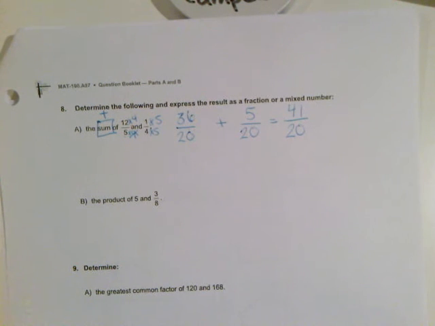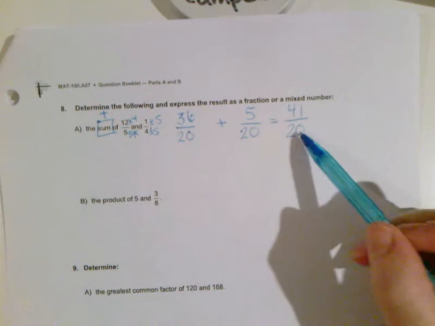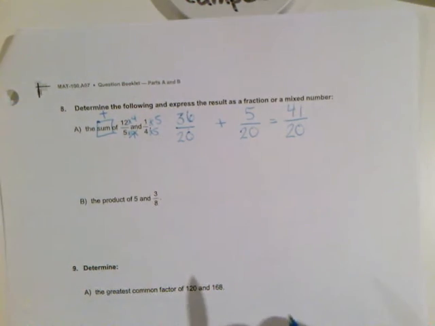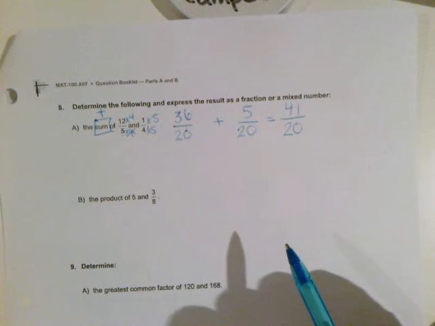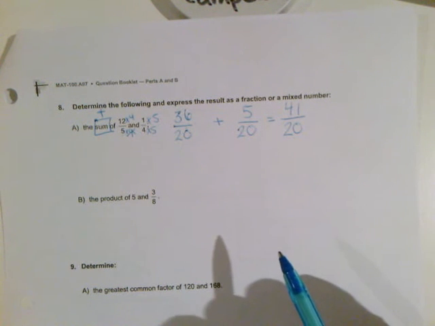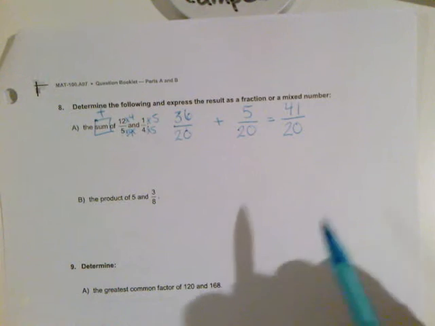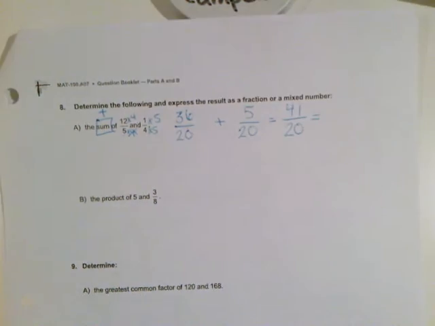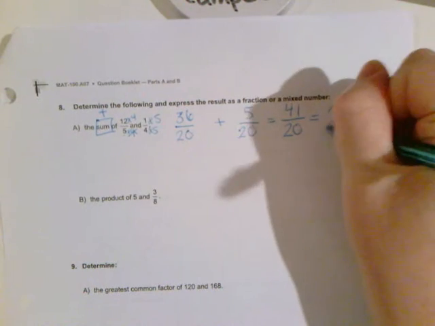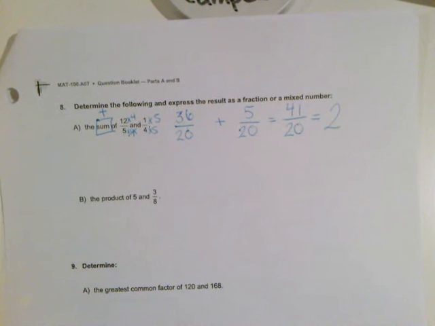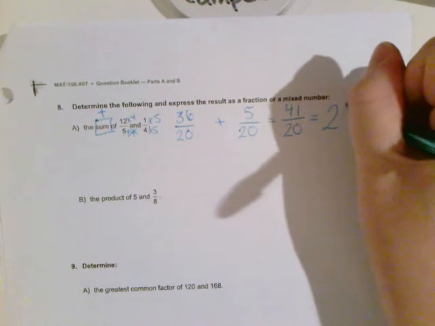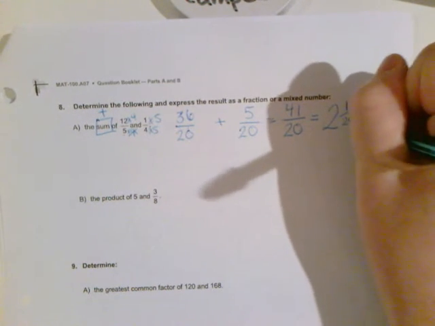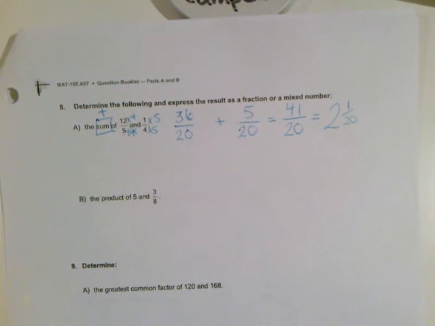And then when you want to change this into a mixed fraction, because now it's an improper fraction because the top is bigger than the bottom, you should end up being able to say how many times does 20 go into 41. So it goes in 2 whole times, and then 2 times 20 is 40, but you have 41, so there's 1 left out of 20. So 2 and 1 over 20.